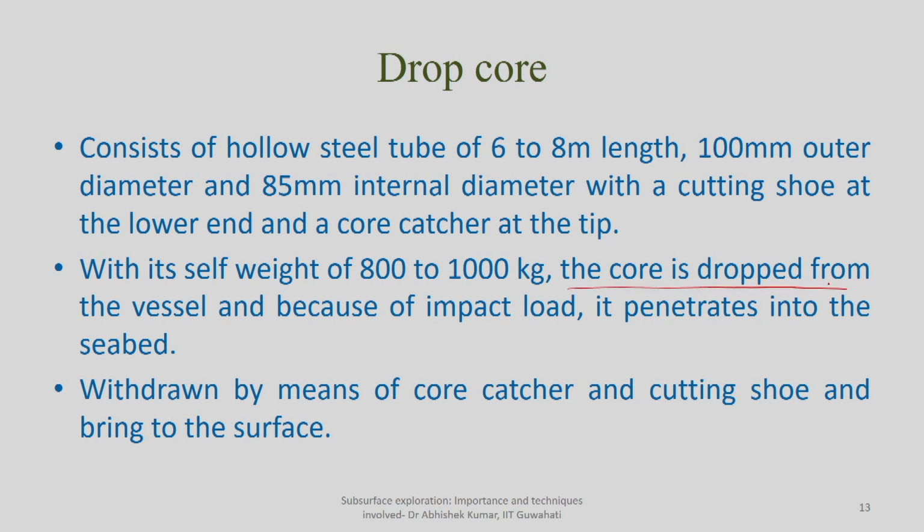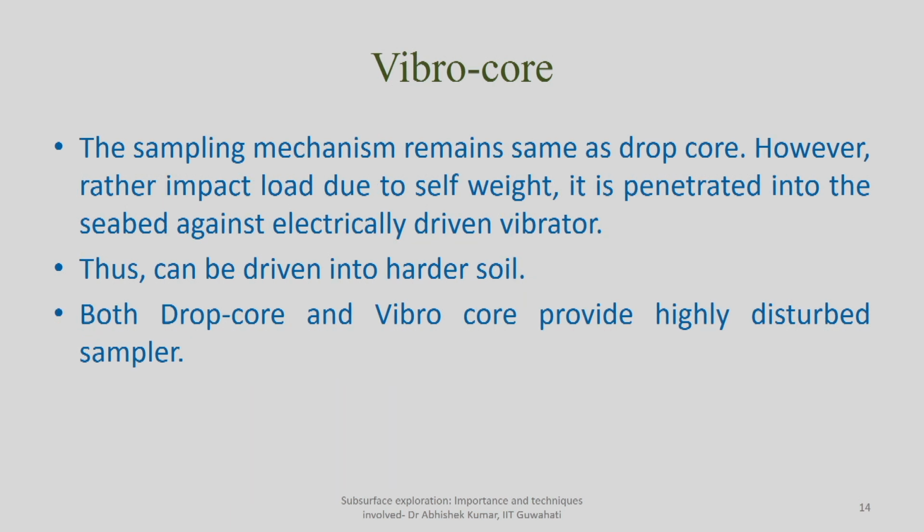Once the drop core is dropped from the vessel to the sea floor, because of this impact load, it will penetrate into the seabed to a certain depth, and then by means of the core catcher you can ensure the collected sample will not remain there, but will be retained within the sampler. So, withdrawing by means of the core catcher ensures that the sample is not left at the seabed itself, but comes along with the sampler. So, it is brought back onto the surface, from where you can do a lot of detailed investigation.